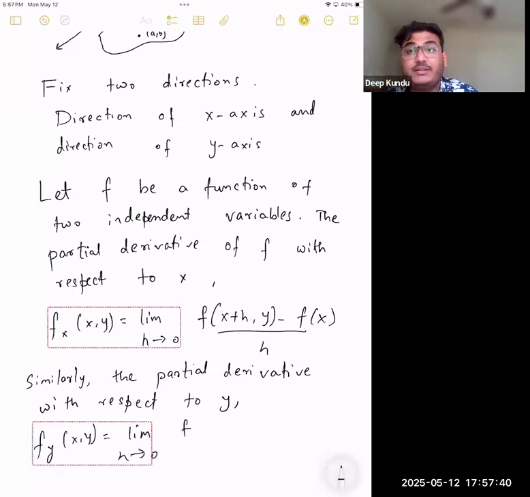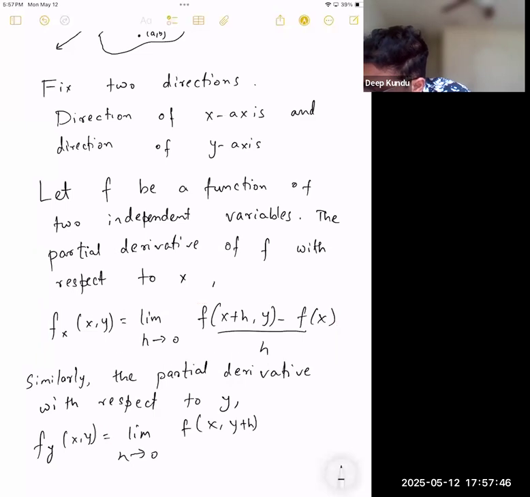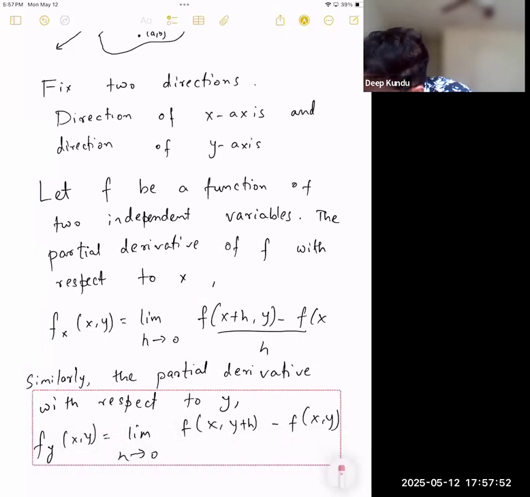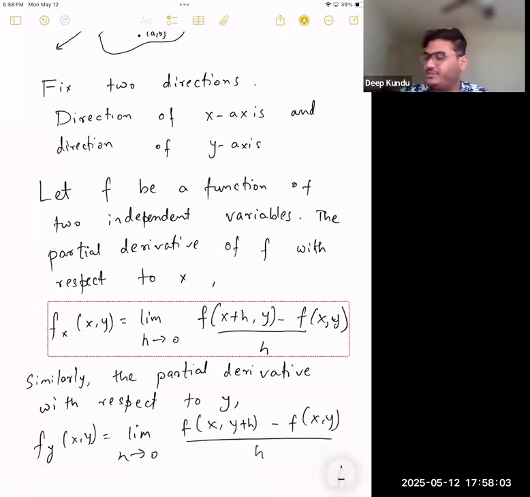Now in this case, we treat x as a constant, so x doesn't change. So f of x, y plus h minus f of x, y. Oh, I made a small typo there. Coming back to this, over h.